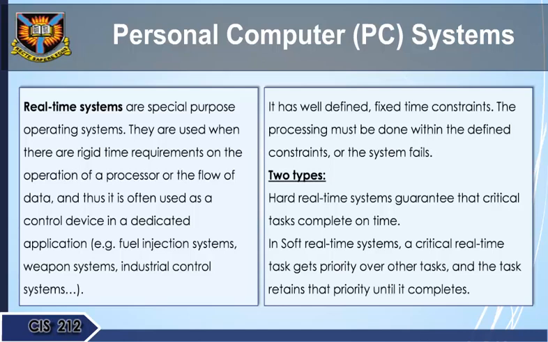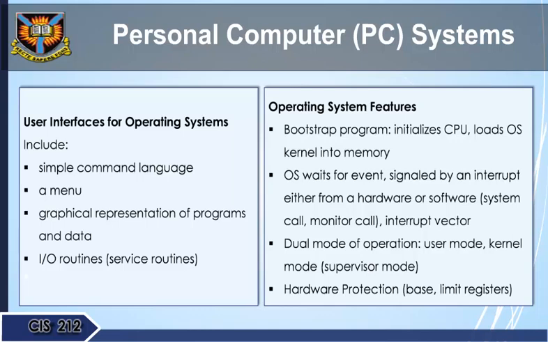User interfaces for operating systems include simple command language, a menu, graphical representation of programs and data, I/O routines, service routines. Operating system features: bootstrap program, initializes CPU, loads OS kernel into memory.